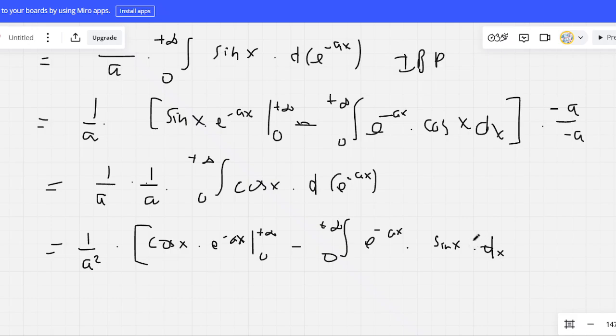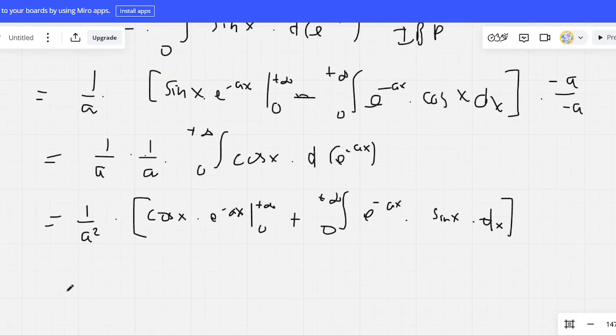And the reason why it's important is because we have a minus, so we're going to cancel this and put it to the plus. Basically, the derivative of cosine x is minus sine x dx, so the minus cancels with this minus here.